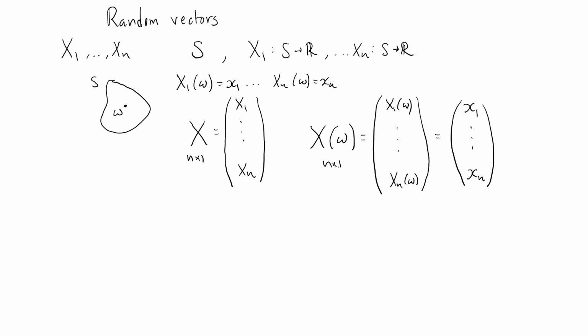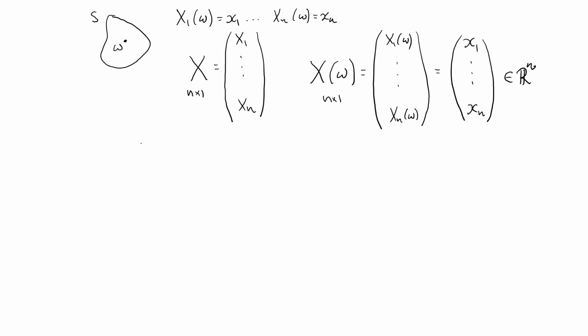Capital X is an n by 1 vector of random variables, while X of omega, evaluating X at a particular omega, will give me an n by 1 vector of numbers. This vector is an element of Rn.